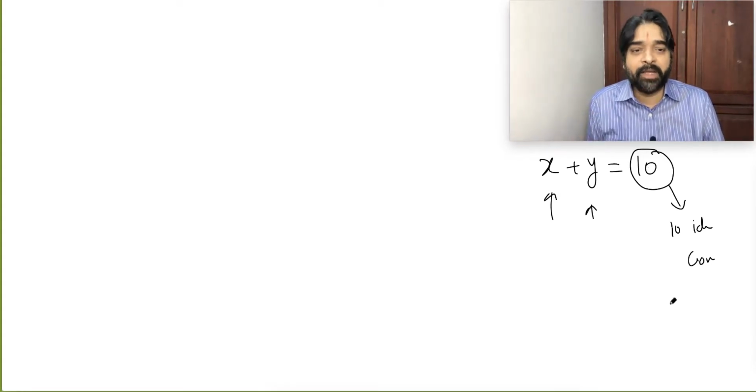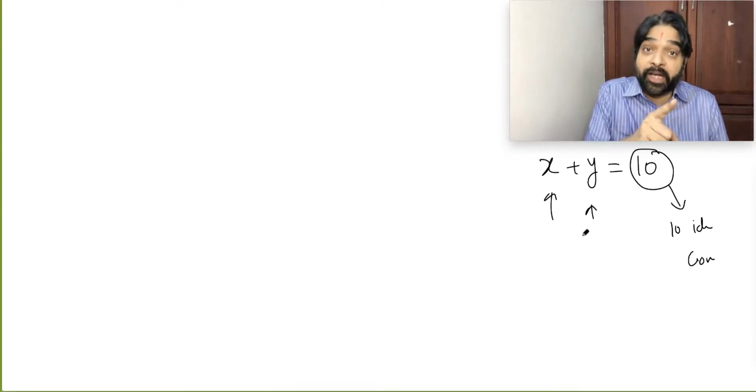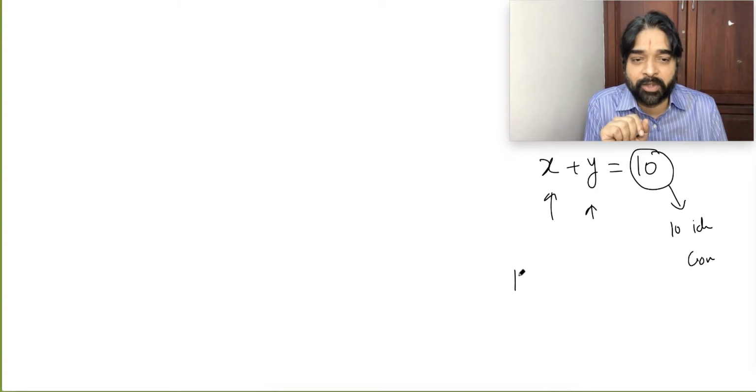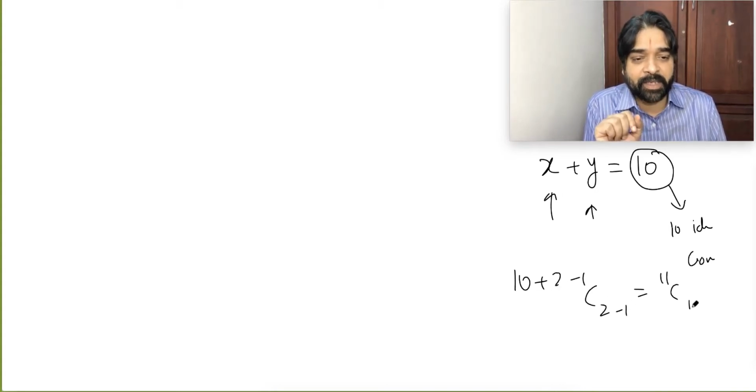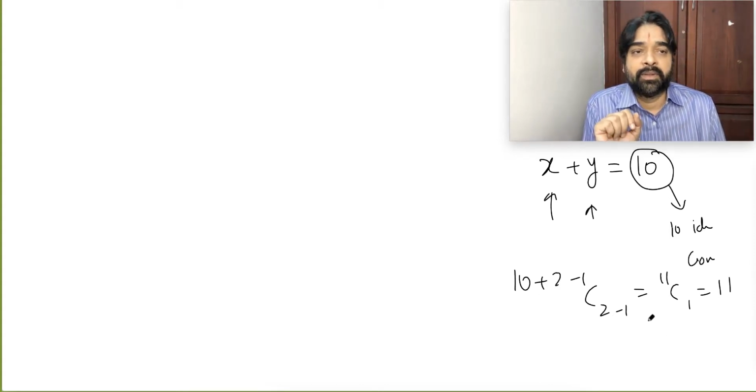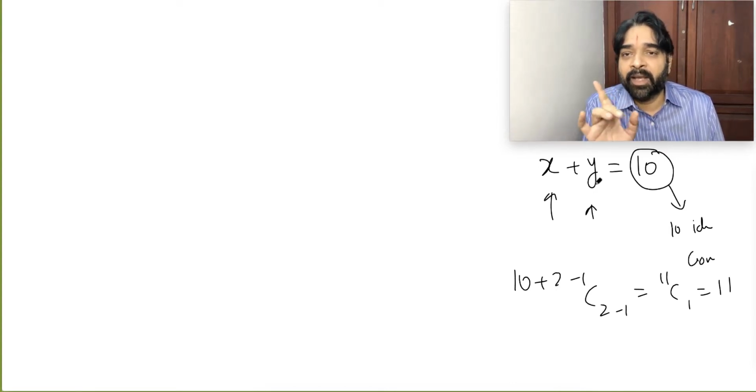So in how many ways can you distribute? For non-negative integral solutions, anyone can get 0 objects also, an empty group is allowed. So what will it be? 10 plus 2 minus 1 C 2 minus 1, or you can say 11 C 1, or you can say 11. Did you understand? All of you clear? If I say positive integral solution, what is the meaning?